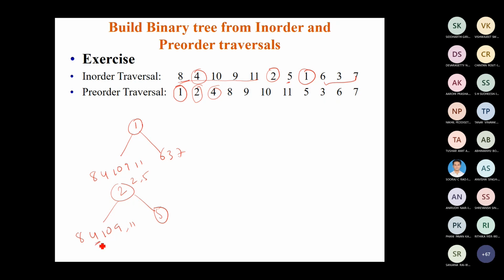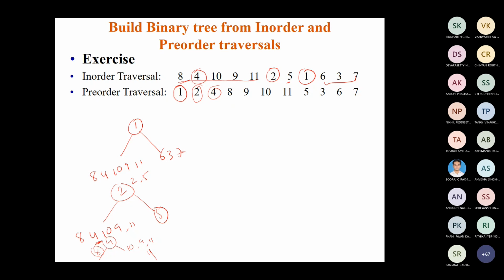Similarly, consider this 4 and this 4. This is going to be the left child of this, and this is 10, 9, and 11. Proceed this way, and finally you can produce the unique binary tree.